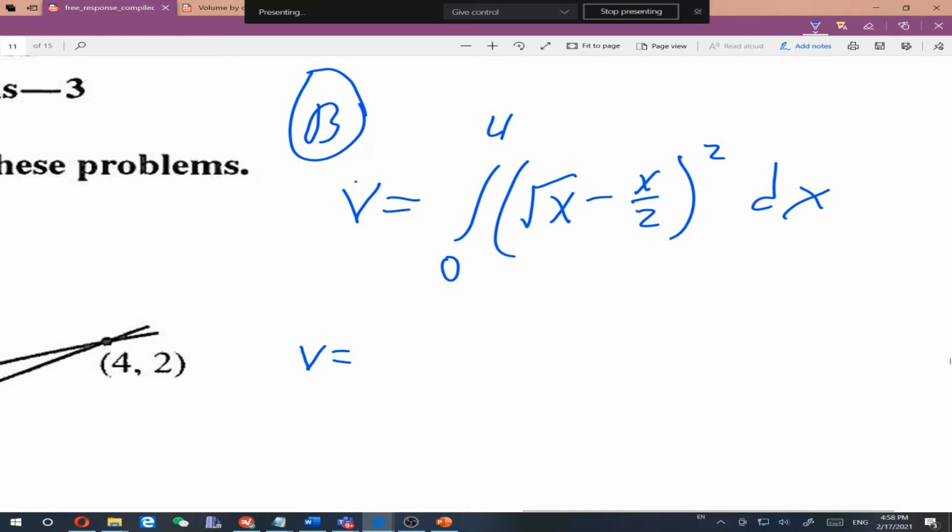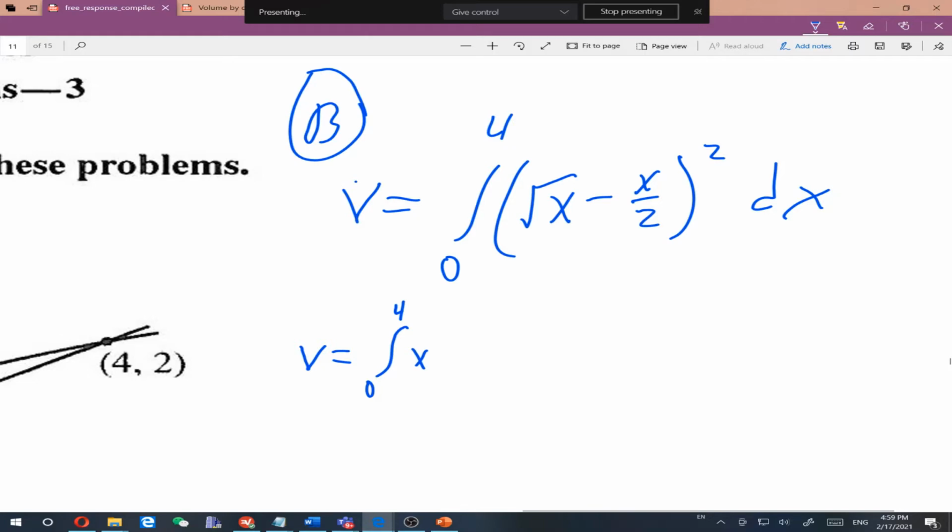Let's square this out first. What's root x times root x? It's just x.